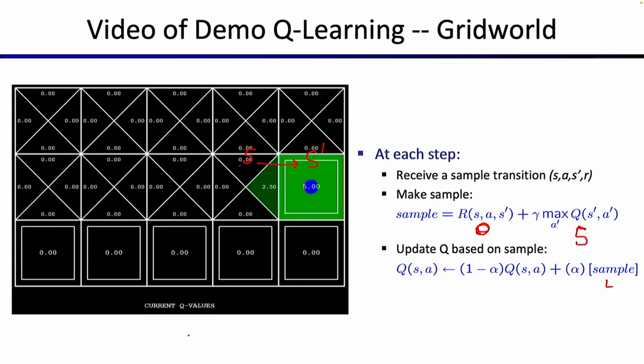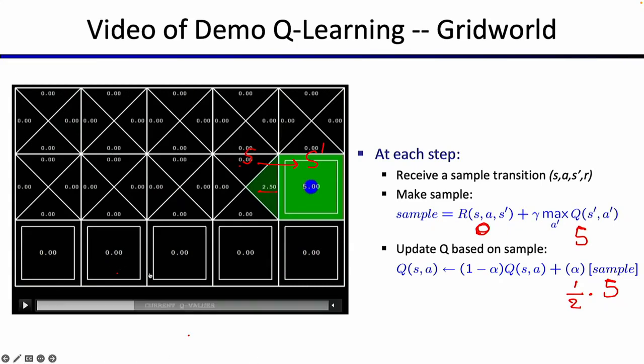So the sample value here was 5. We multiply it by 1/2, and we get 2.5. So we've just propagated this reward that we got in the final good state backwards to some more states.